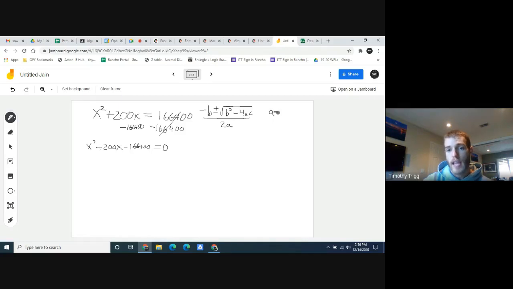So in our case, the a is 1, because it's like 1x squared. The b in this case is 200. And the c is negative 166,400. All right. Don't be intimidated by these large numbers. It really won't make a difference.